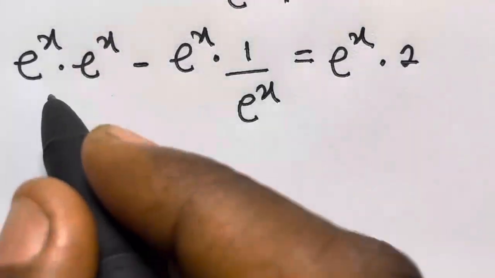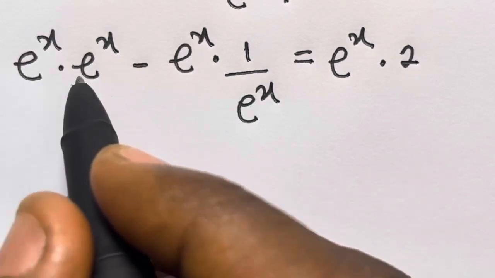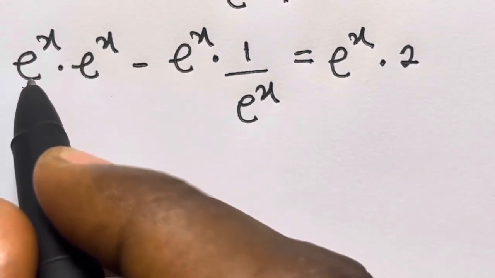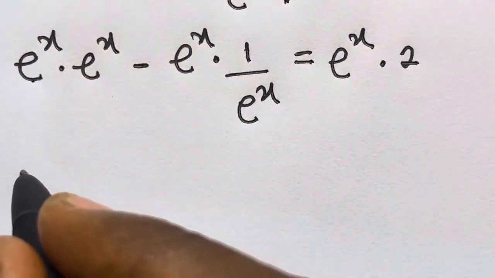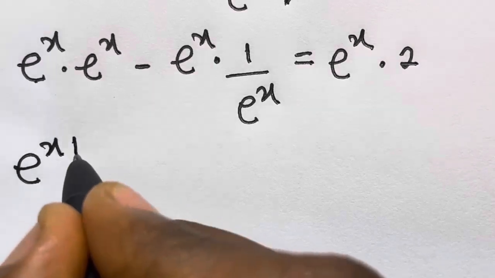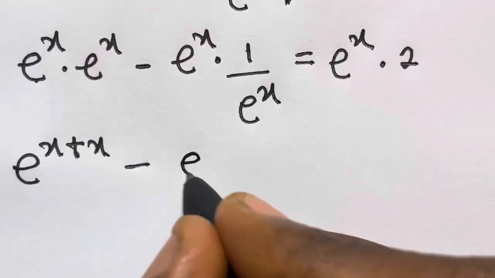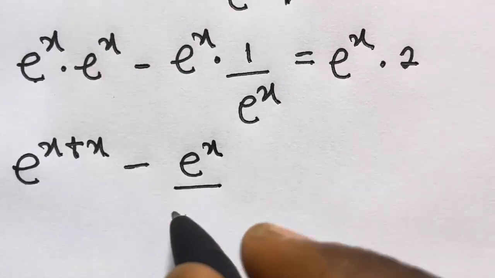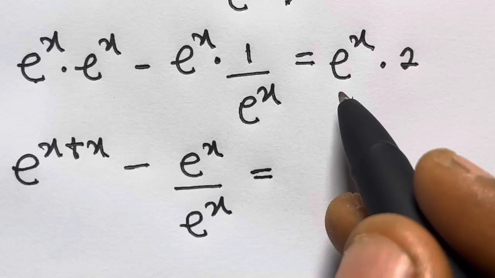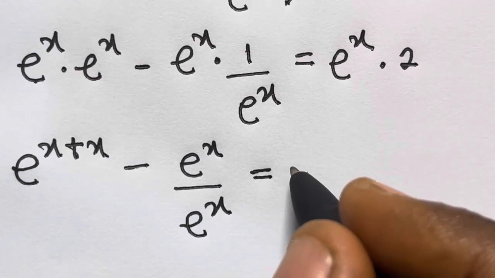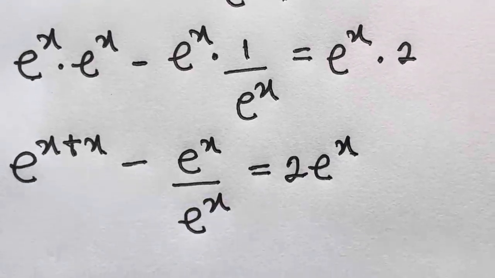Let's recall from the law of indices that when numbers with the same base are being multiplied, their powers are added. So we have e^(x+x) minus e^x times 1, we have e^x divided by e^x. This equals e^x times 2, that gives us 2e^x.